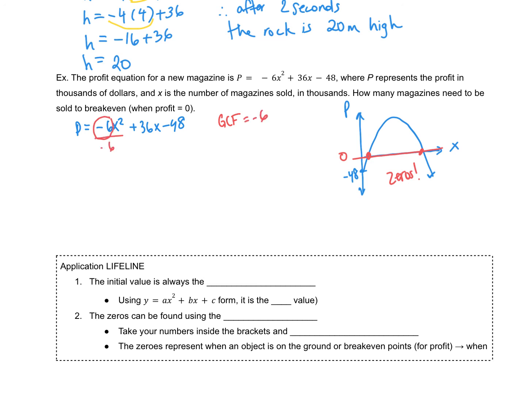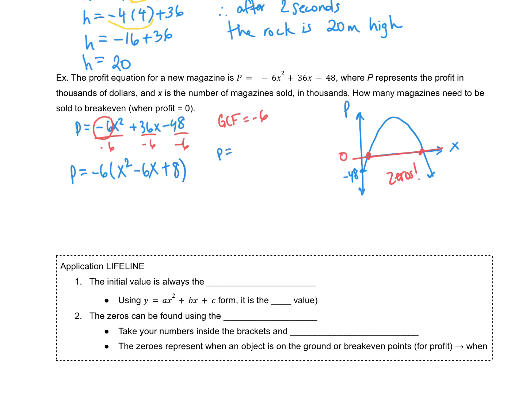And in fact, we can. So when I divide everything by the -6, well, -6 divided by -6 is 1, which was the goal. 36 divided by -6 is -6. And -48 divided by -6 is +8. So now we have that nice simple trinomial.